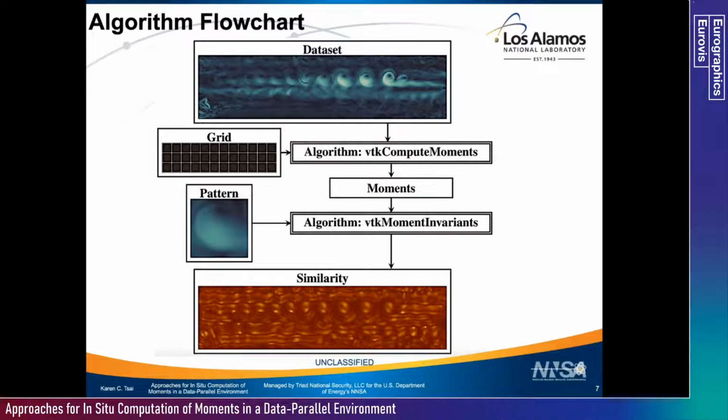With the moments and the pattern given, VTK moment invariance will then give us a scalar field that contains a similarity value. As we have described earlier, the similarity value will give us the means to determine the region of interest that we wish to preserve. And this is the general flow of our In-situ algorithm.